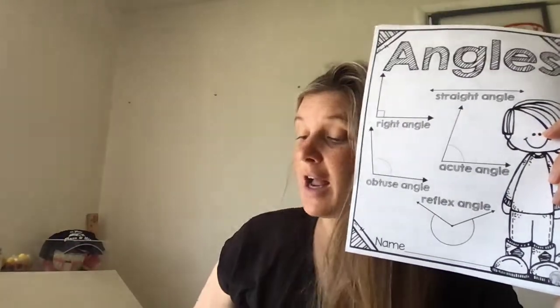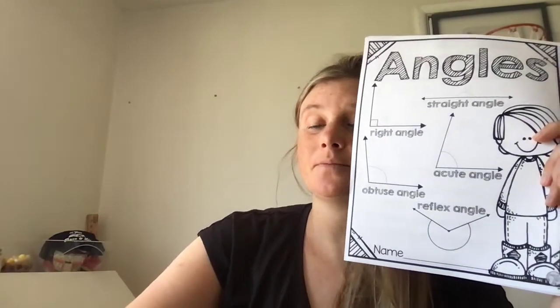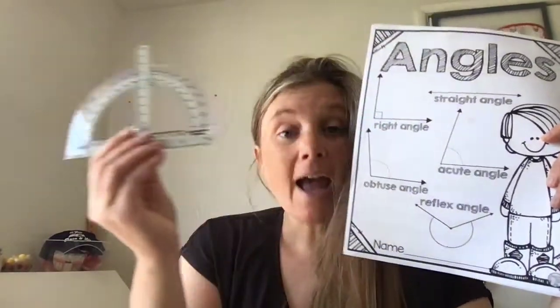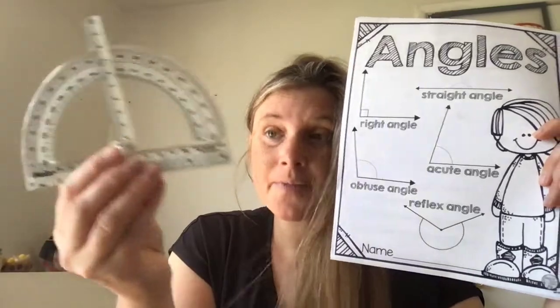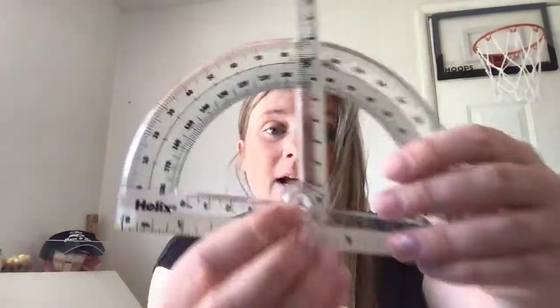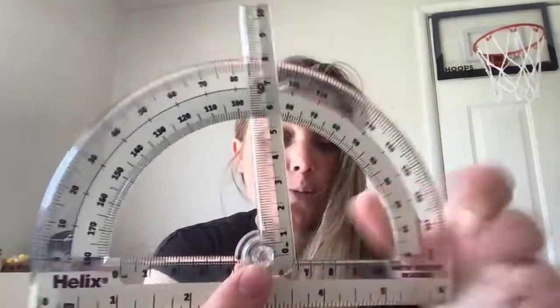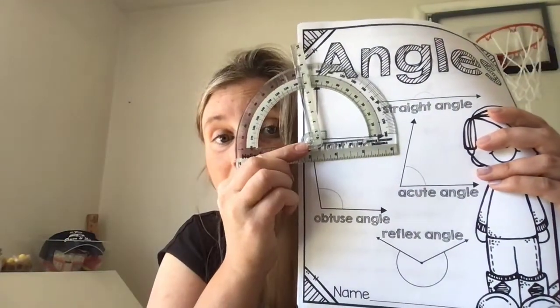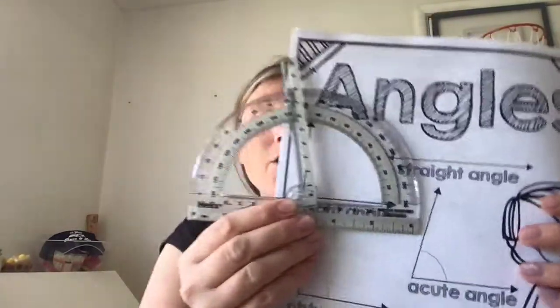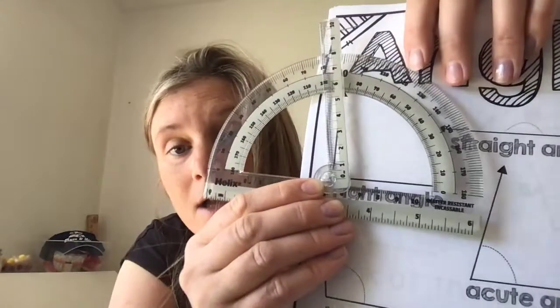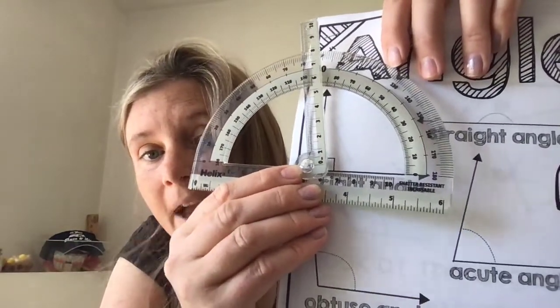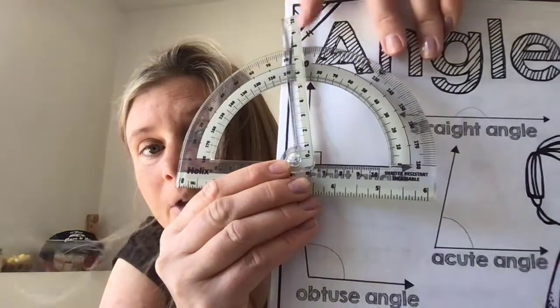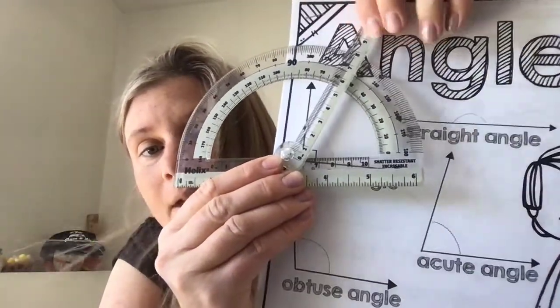Okay, so grab your protractor. How you measure an angle is this part right here. You put it right where the two lines meet. So, see on the right angle, we're gonna put that right there. Then you want to line it up. We don't need to worry about this thing right now.